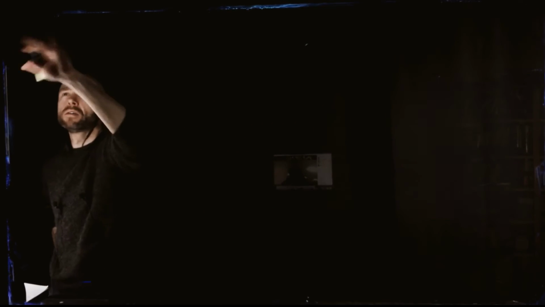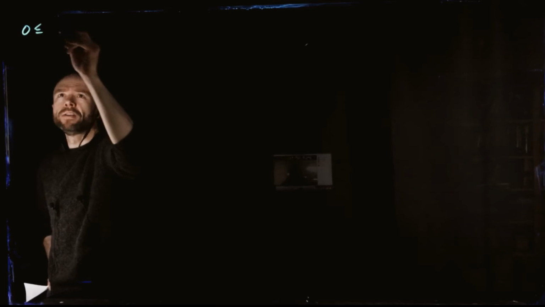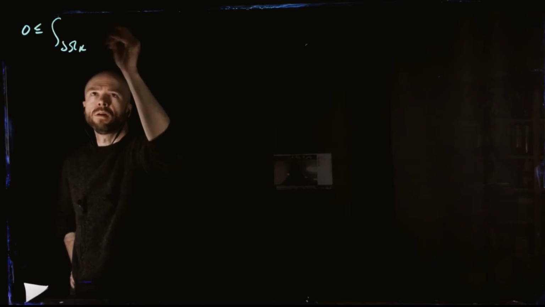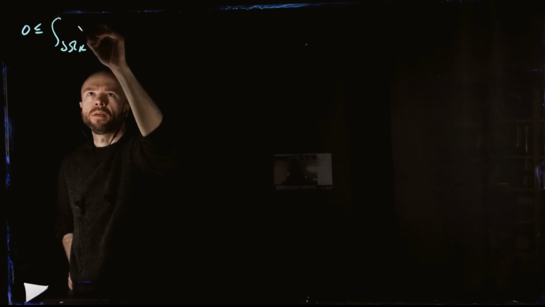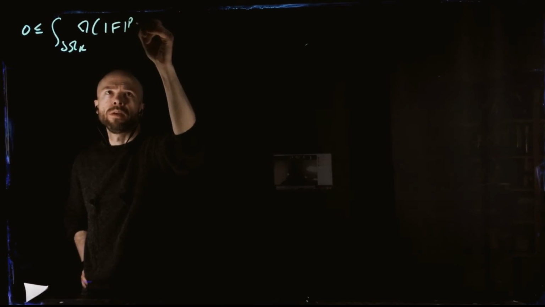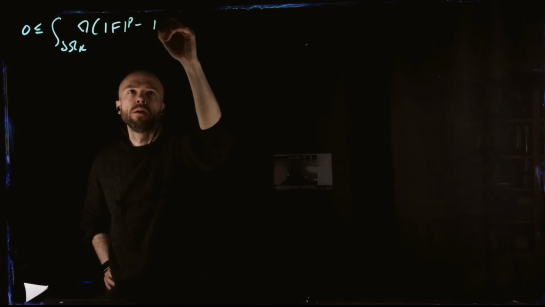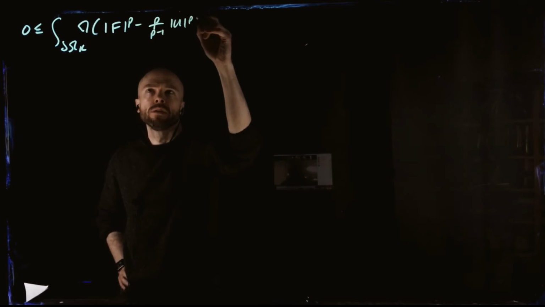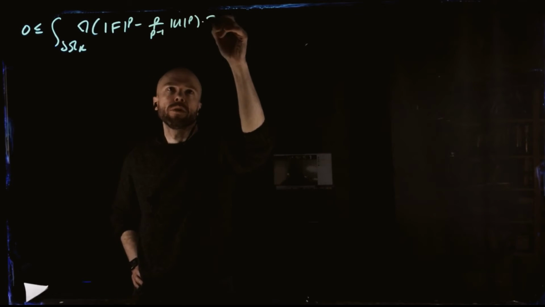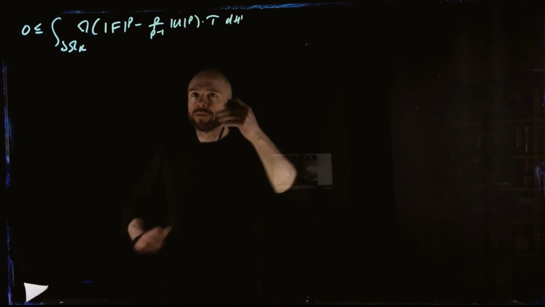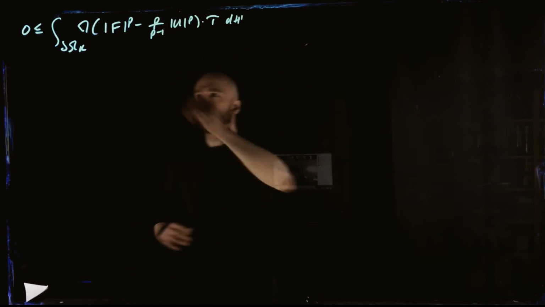We have that 0 is greater than or equal to the integral around the boundary of this region of the gradient of this expression f to the p minus p over p minus 1, u to the p, like this, dot product the outward pointing unit normal, like this. That's the thing we had to work to obtain.